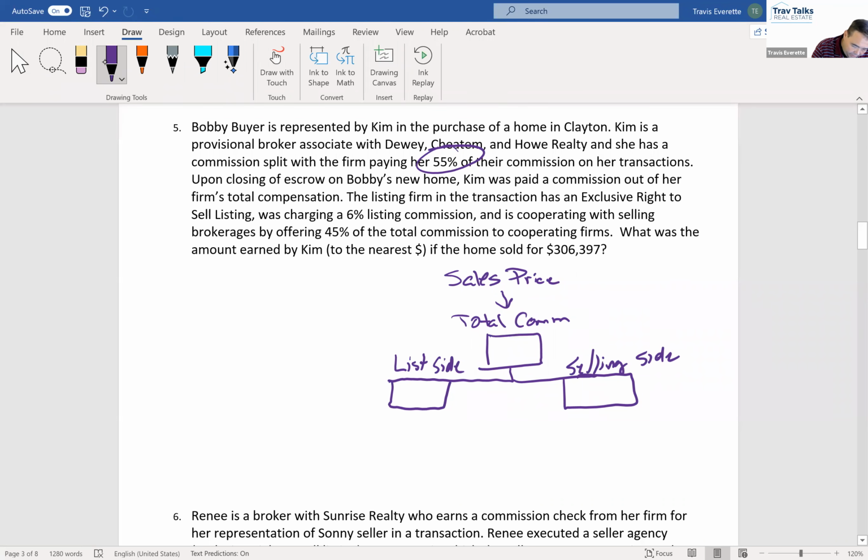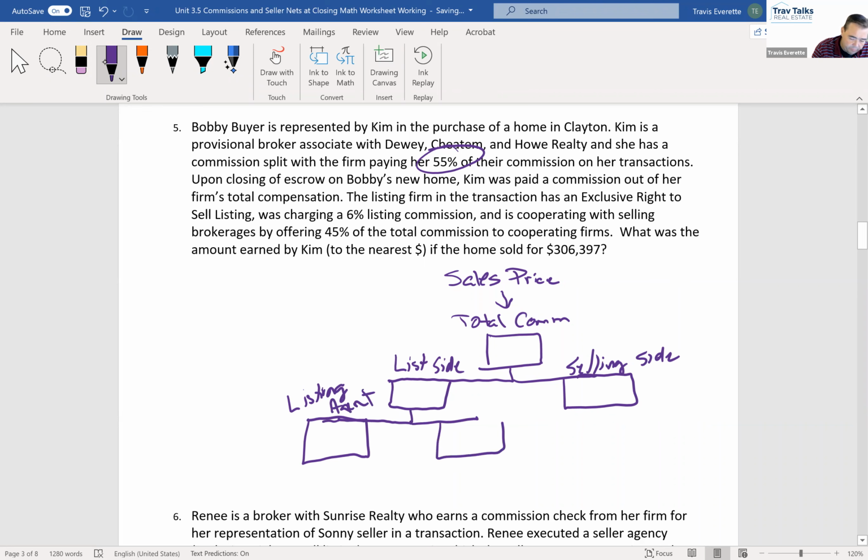And then each side is going to get split again into listing agent and listing firm, or office.